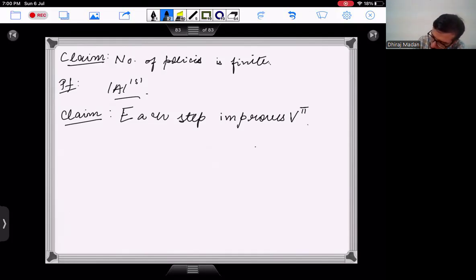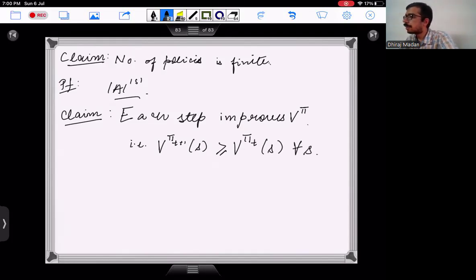That is, V pi t plus 1 of s is greater than or equal to V pi t of s for all s. How do we show this?